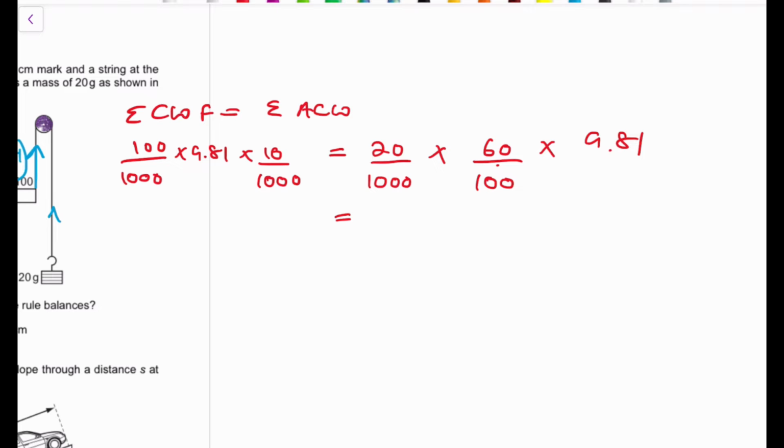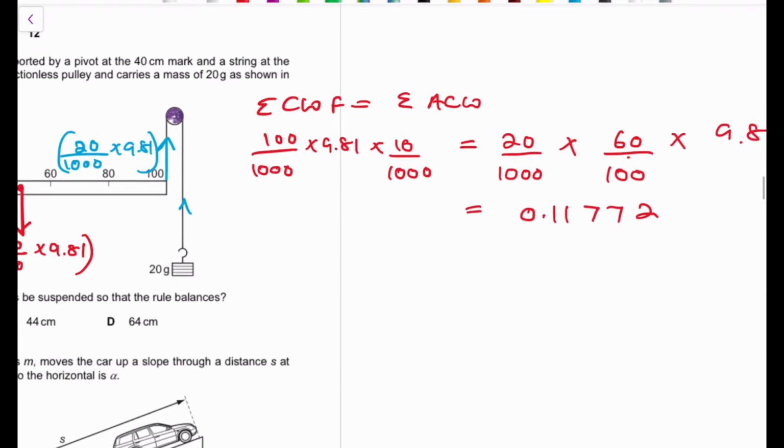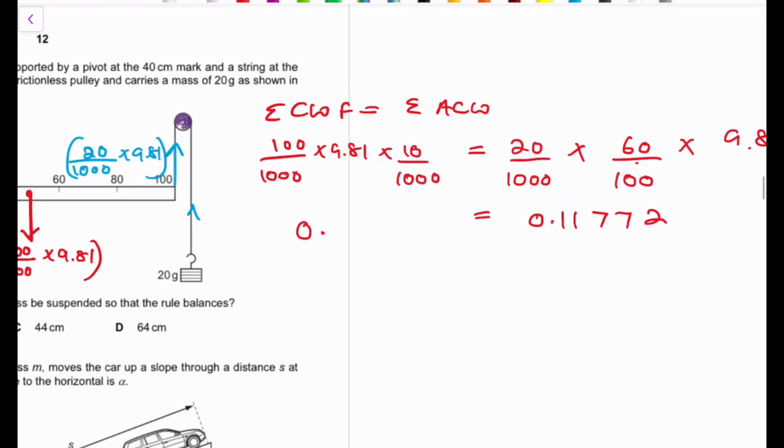So on this side, you're going to get 0.11772, but on this side, you're going to get 0.0981. So it's a very, very important value for you to be considering.